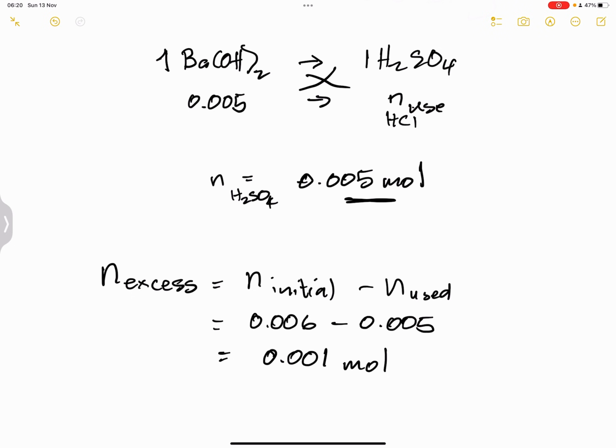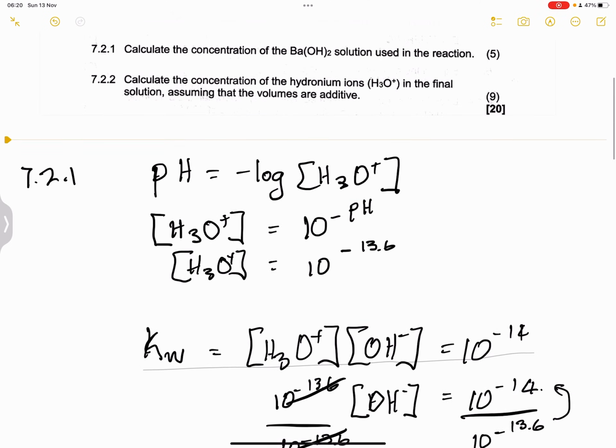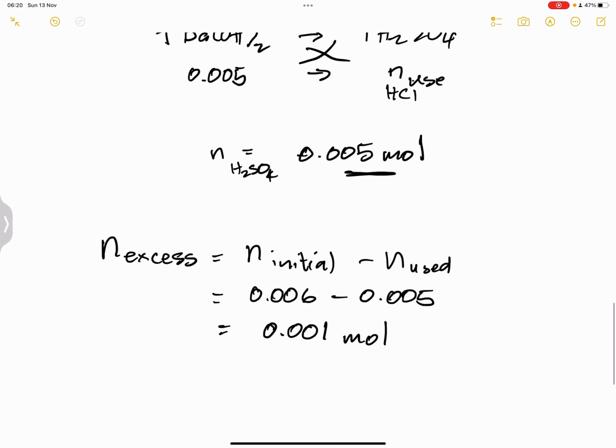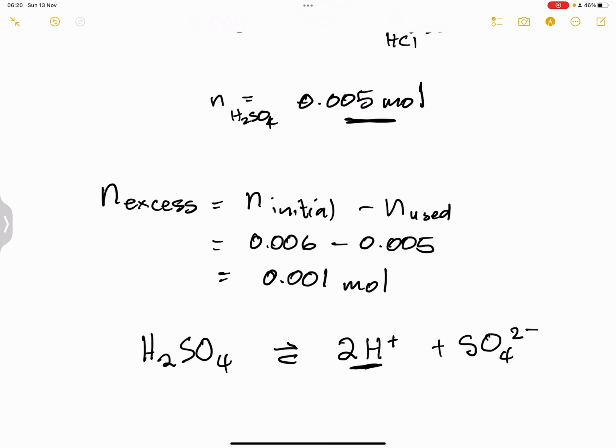However, we were looking for the concentration of our hydronium ions. So we need to find out first how sulfuric acid ionizes. Sulfuric acid is a diprotic acid, so it will give us two hydronium ions.